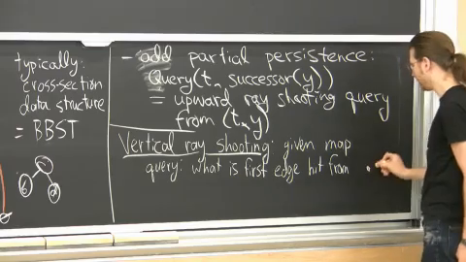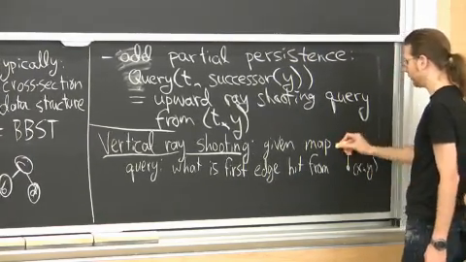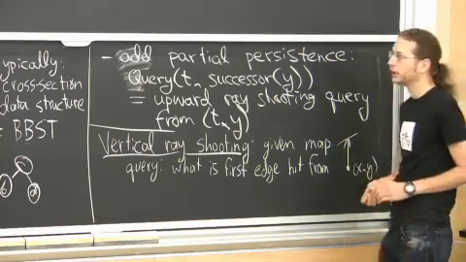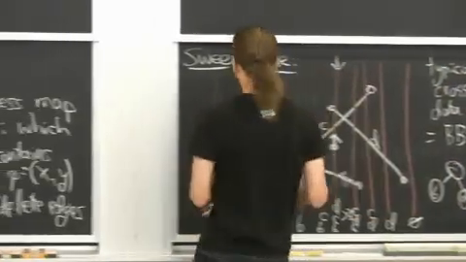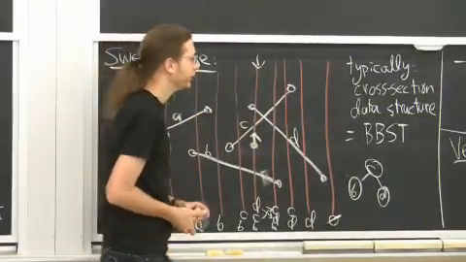So I give you a point, x, y, and I ask if I go up from there, what's the next edge that I hit? That's a vertical ray shooting problem, and we just solved the vertical ray shooting problem for static. If you're given a static map, you run this algorithm once, assume there are no crossings.